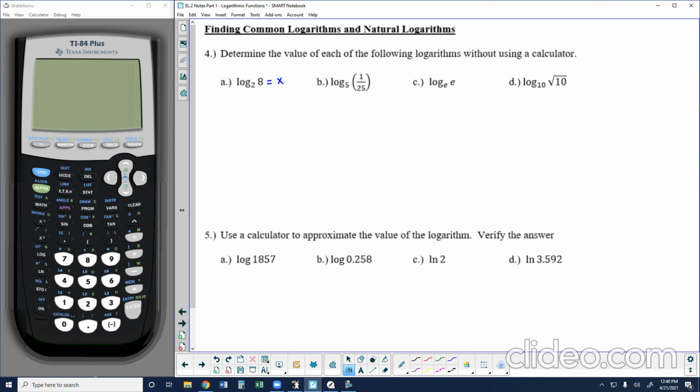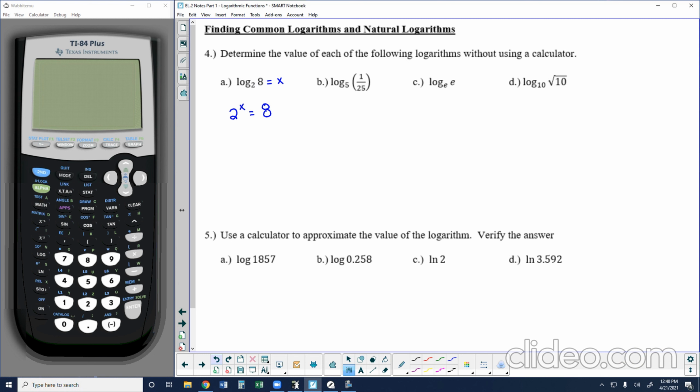What I can do here is rewrite the equation into a format that we can solve, an exponential equation. So my base in this instance is 2. I don't know what the output was. I labeled that as x. That becomes the input when I switch to exponential form. So 2 to the x power is going to equal what was my input for my logarithm, or 8.